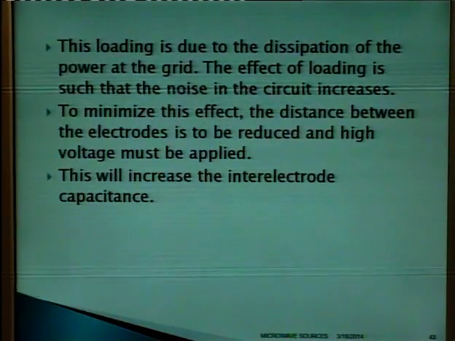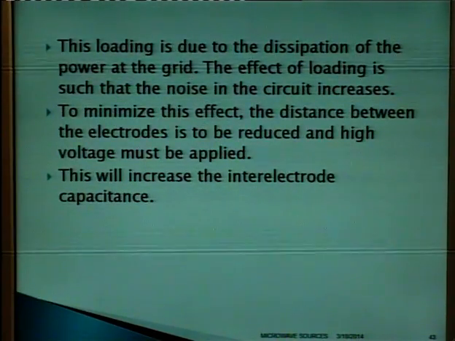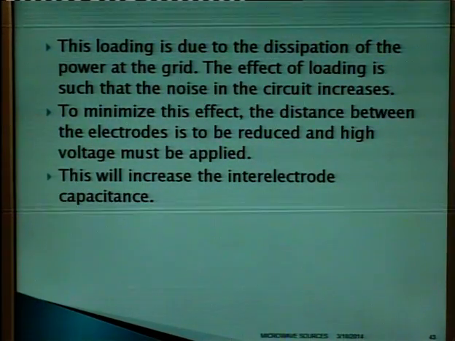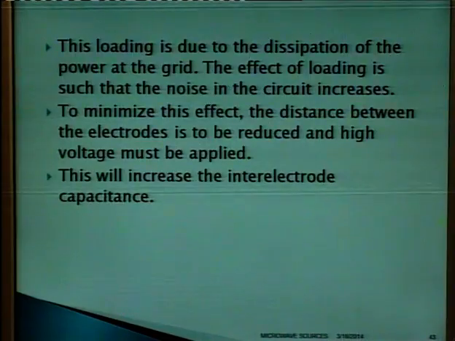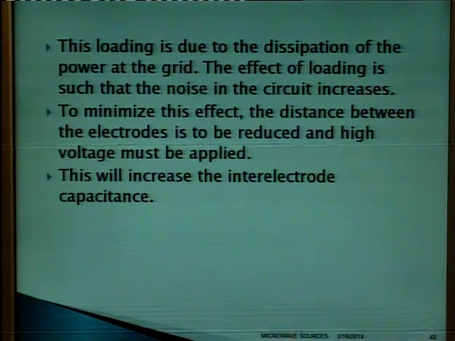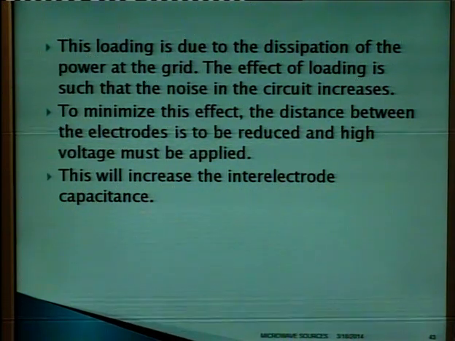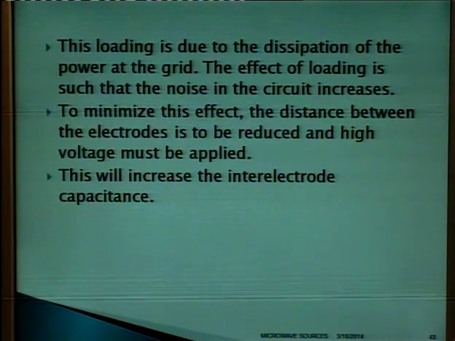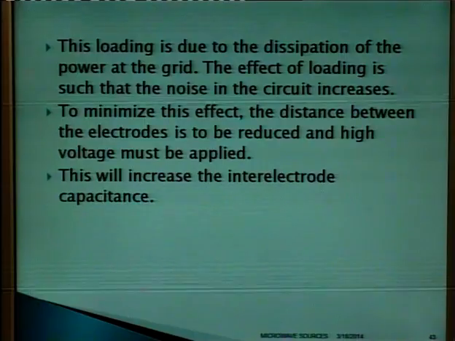This loading is due to the dissipation of power at the grid. The effect of loading is such that the noise in the circuit increases. To minimize this effect, the distance between the electrodes is to be reduced and high voltage must be applied, but this will again increase the inter-electrode capacitance.